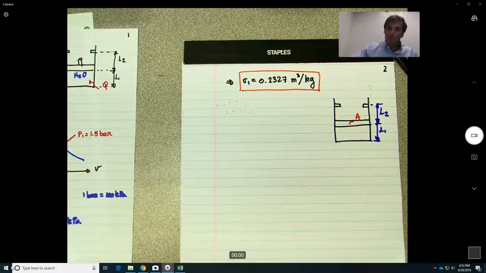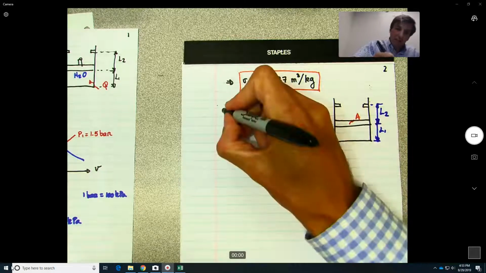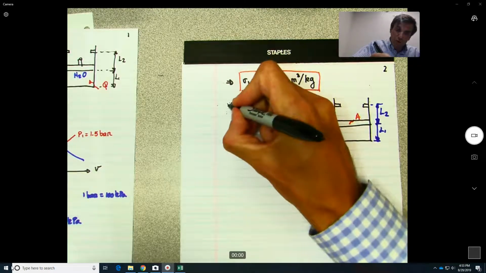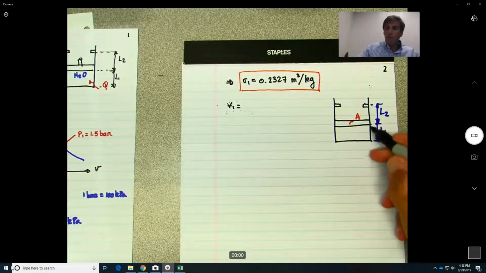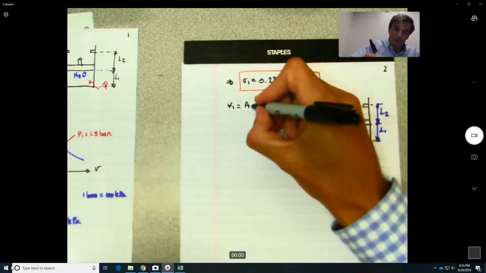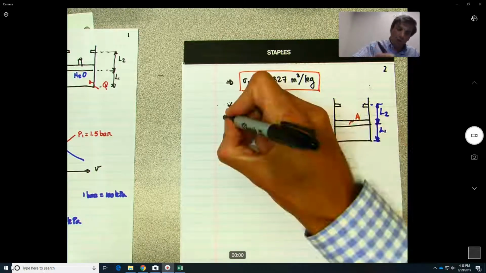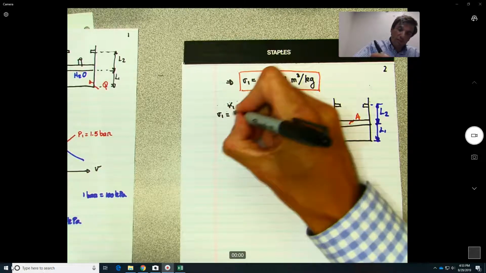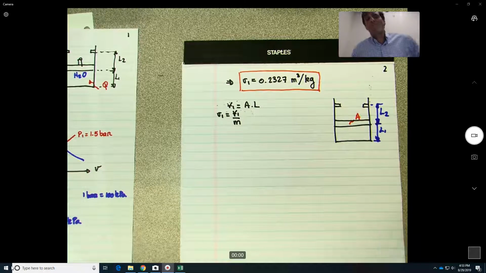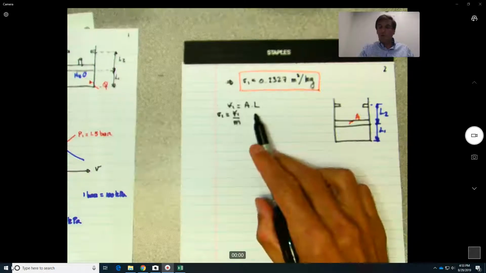So, by doing so, what will the volume V1 be equal to? Volume V1 will be the cross-sectional area of the piston times L1. Then we know that the specific volume is simply volume divided by mass.